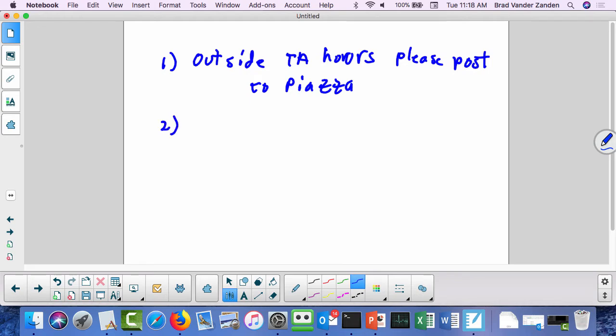The second thing is the TAs are there for conceptual help and to help with debugging, not to give you code.